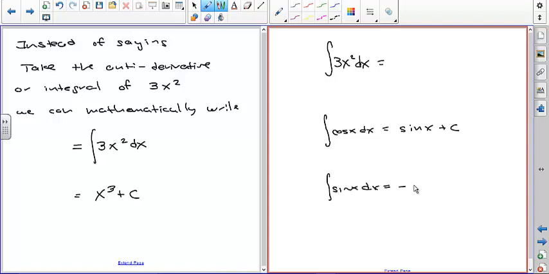That ends up being negative the cosine of x plus c. And that's because the derivative of the cosine is negative the sine. So you have to have the negative. So when you take the derivative, the negatives cancel out to get to a positive result. So that's the mechanics of taking the antiderivative.